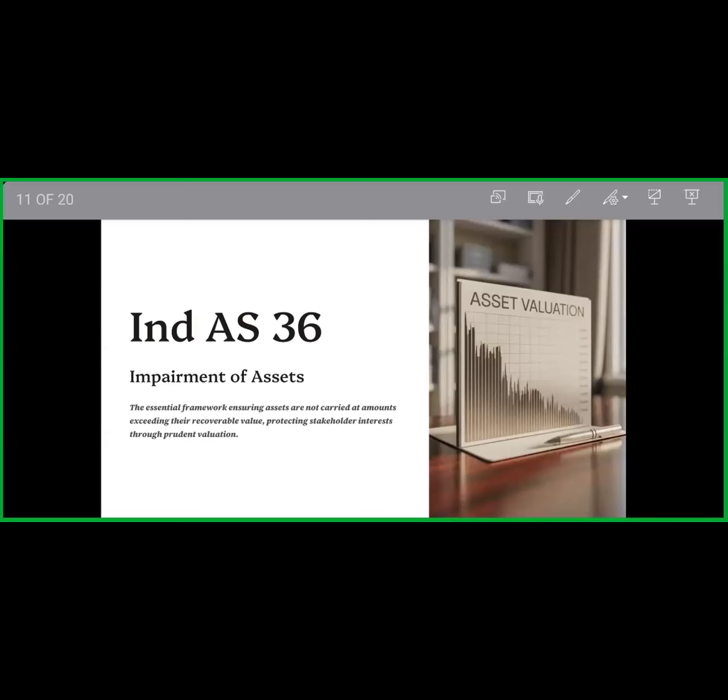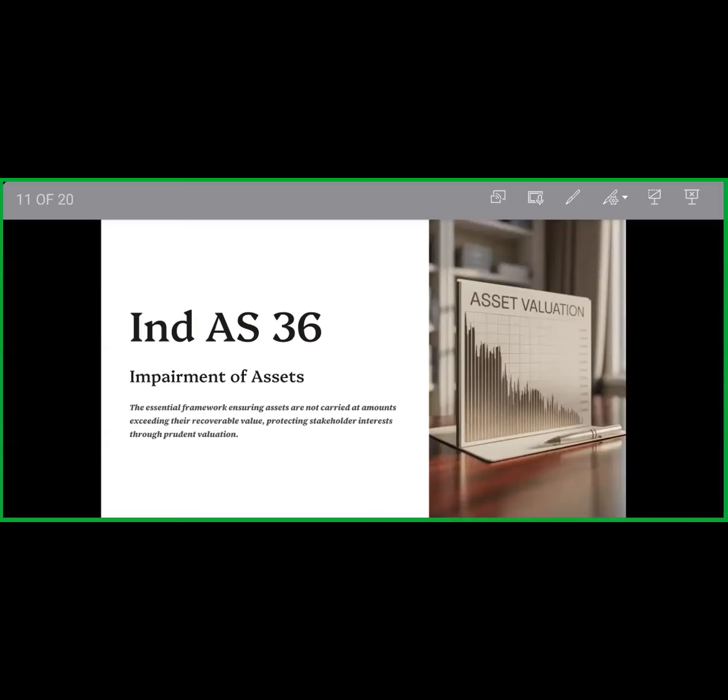So how do we mention this scenario in the financial statements? For that purpose, we have the guidelines given by Indian Accounting Standard 36, under the Companies (Indian Accounting Standards) Amendment Rules 2015.